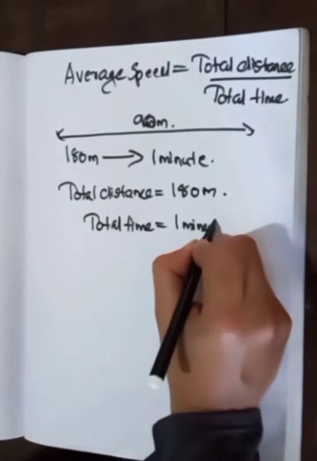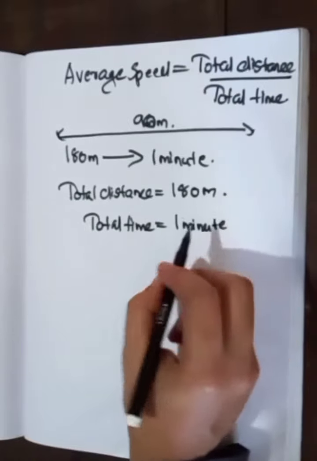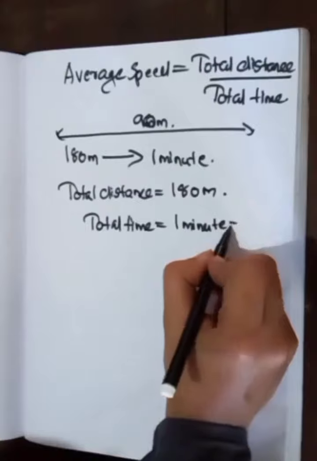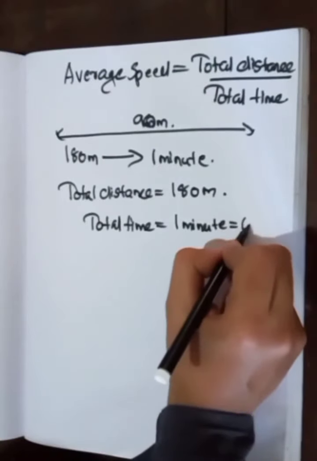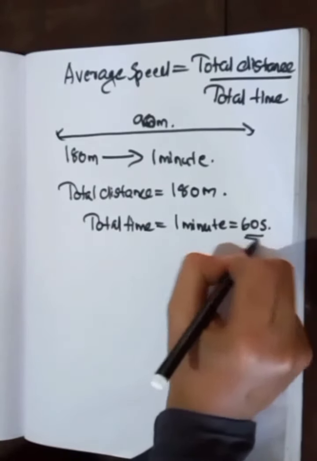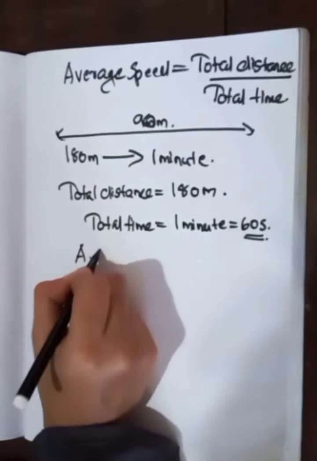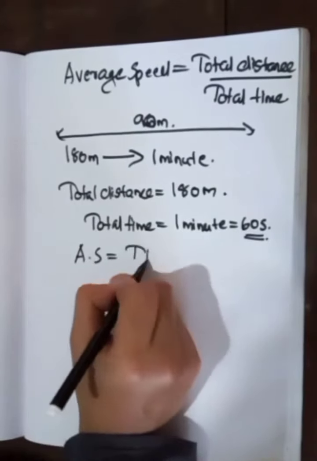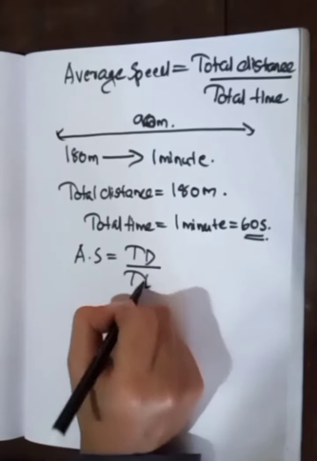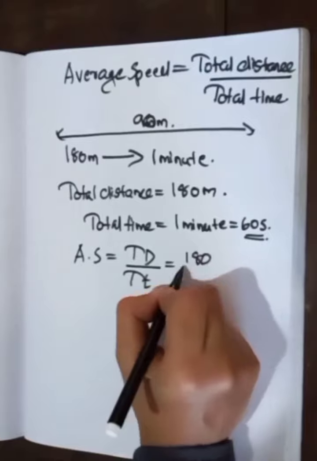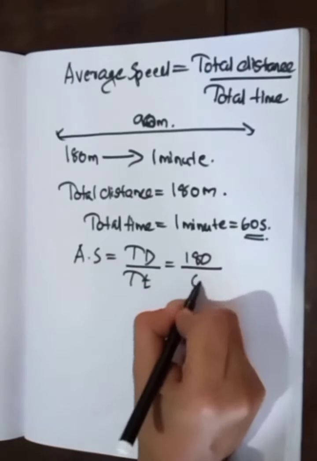Our unit is meter per second, so we have to change it into seconds, that is 1 minute is equal to 60 seconds. Therefore average speed is equal to total distance by total time, that is total distance 180 by total time 60 seconds.